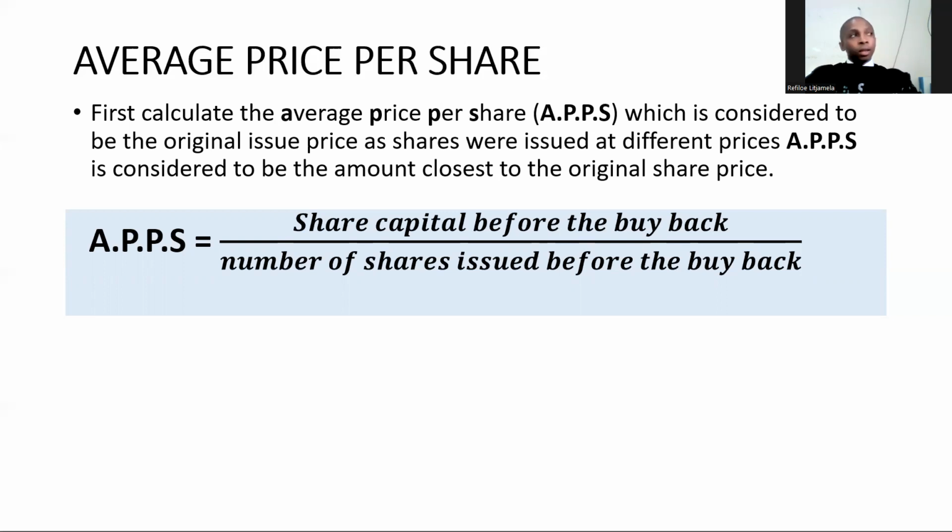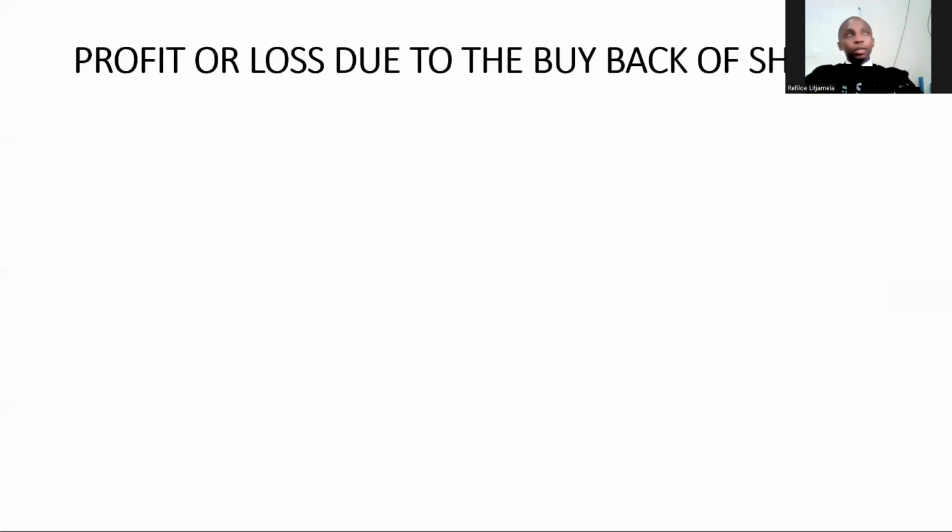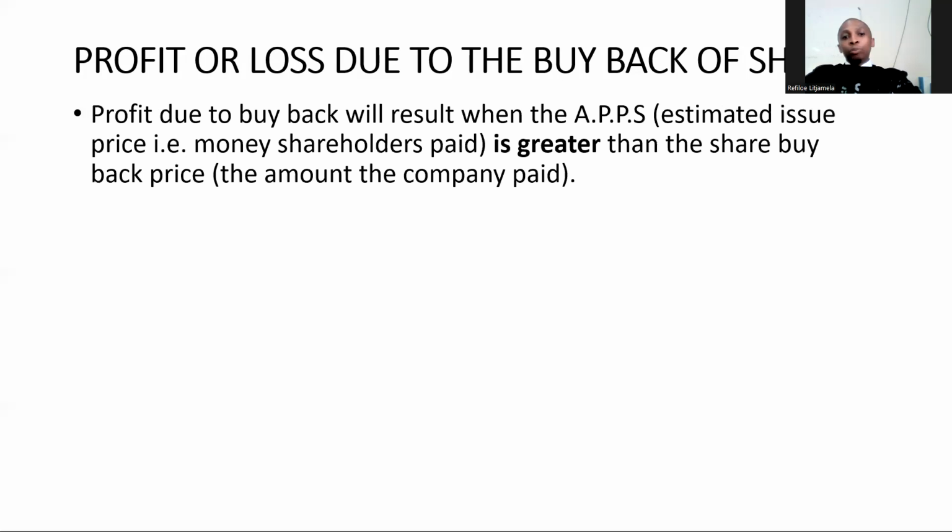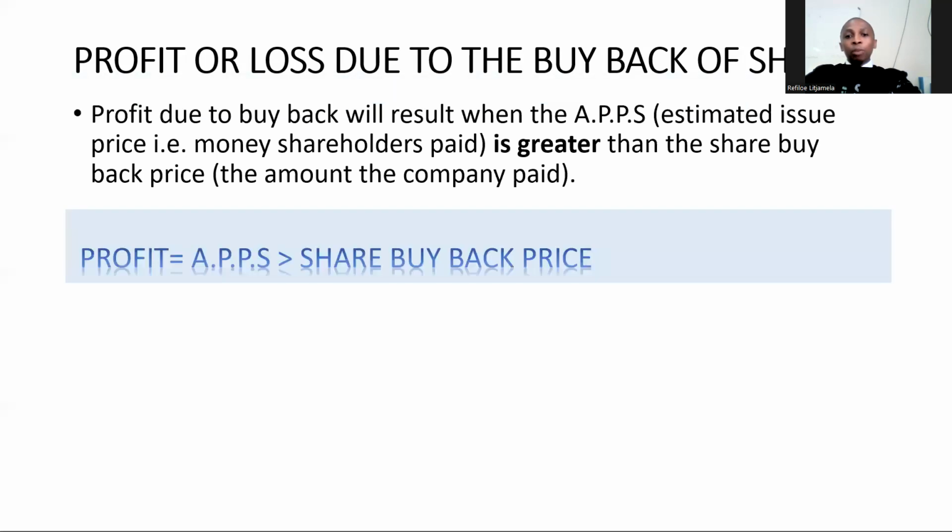All right. Let's look at how we can incur profit or make a loss due to the buyback. Note that the buyback price is the amount the company has paid for the shares when it buys them back. So if your average price per share is greater than your buyback price, you will make a profit.